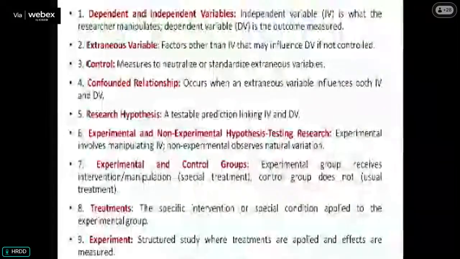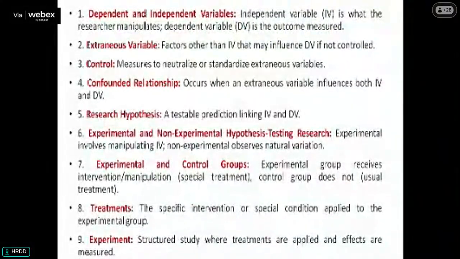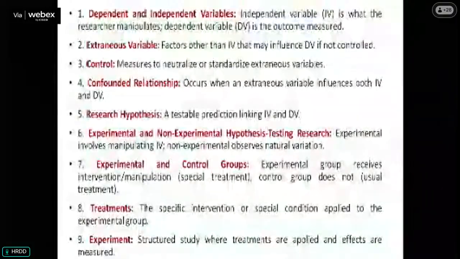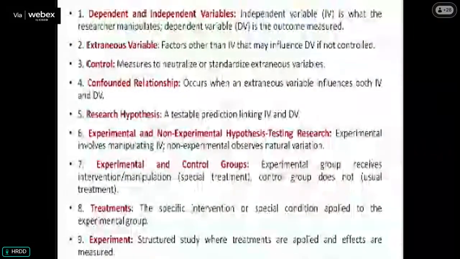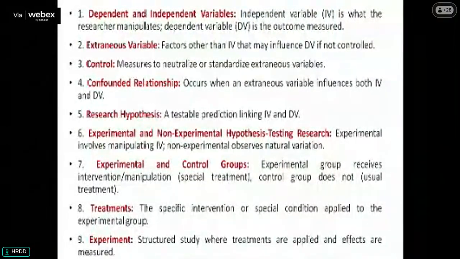So these are the 2 variables you are dealing with, but there is a third variable you are not dealing with, but it has impact. You have to be careful during the design. The third variable is the extraneous variable, that is, factors other than the independent variable that may influence the dependent variable if not controlled. If you are not doing a controlled experiment, the extraneous variable will influence the dependent variable, meaning your measurement.